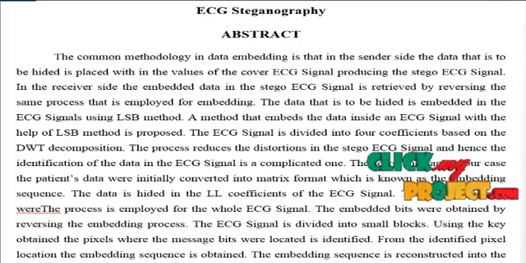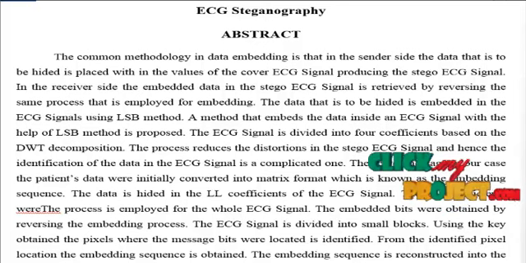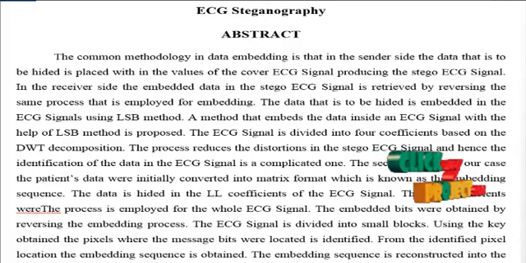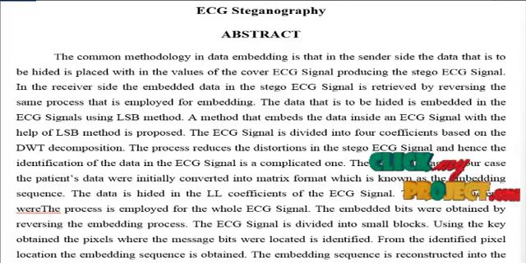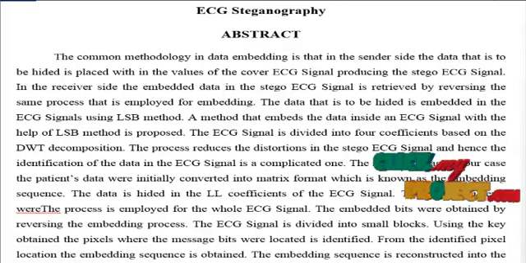The data that is to be hidden is embedded in the ECG signal using the LSB method. A method that embeds the data inside an ECG signal with the help of LSB is proposed.